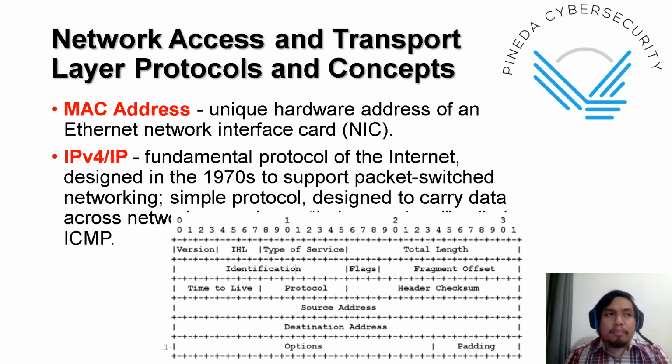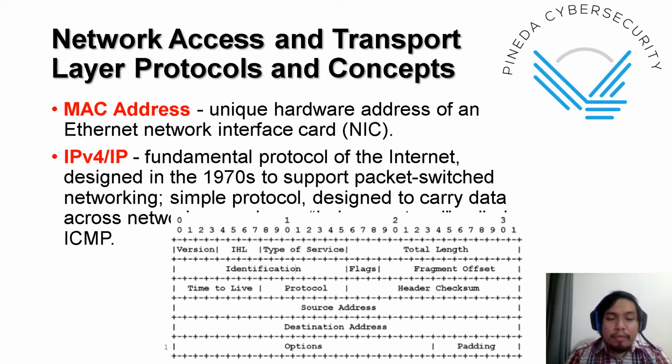Although in newer books, they do not classify MAC address as unique anymore because it can be easily spoofed. So there are other things that are checked aside from the MAC address. But just for definition's sake, we say that it's a unique hardware address of an Ethernet network interface card.